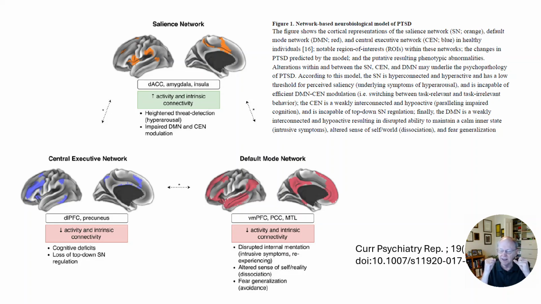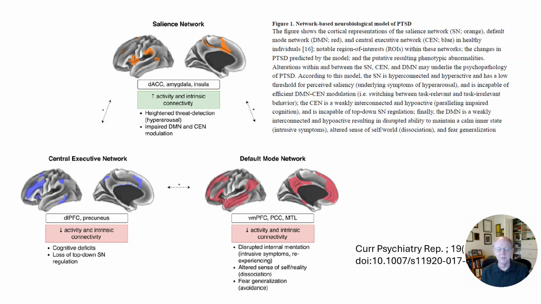Well, maybe the salience network is getting too much from the internal body, and it's forcing the default mode network to be on too much and overly internally focused. Obviously, the central executive network can be decreased, and that is related to the long-standing finding that people with major depression often have executive function deficits.